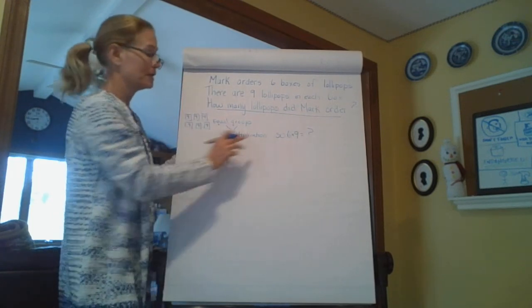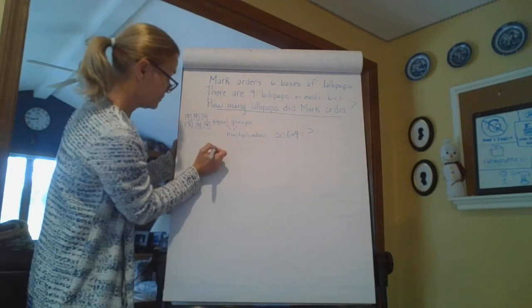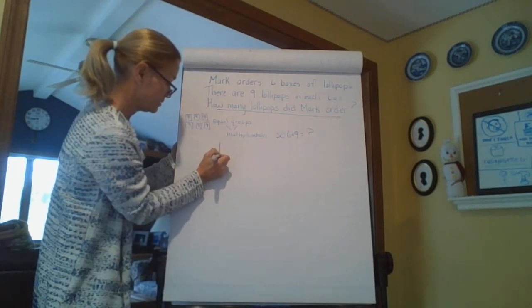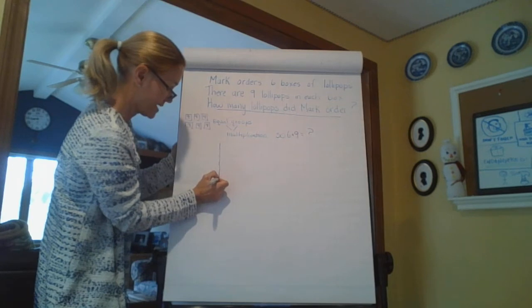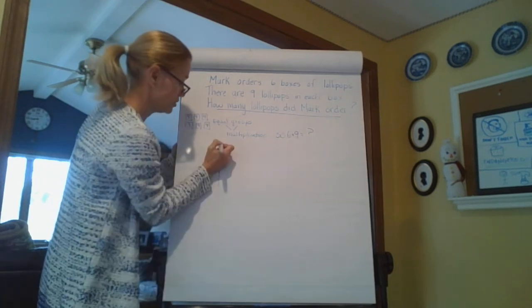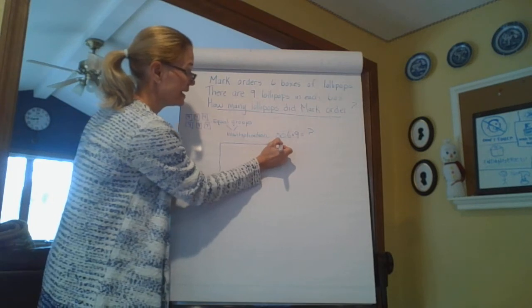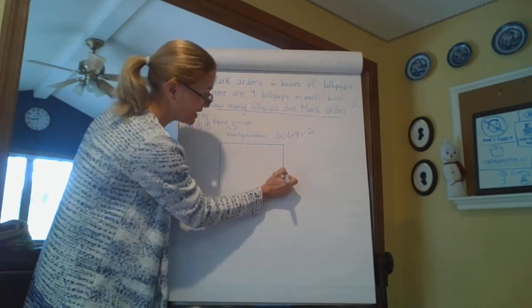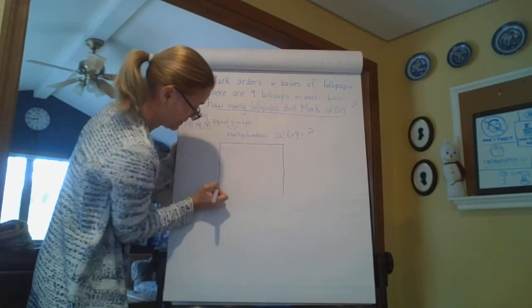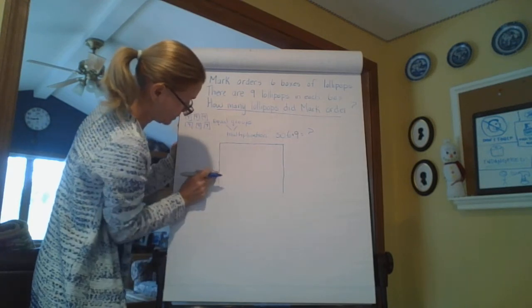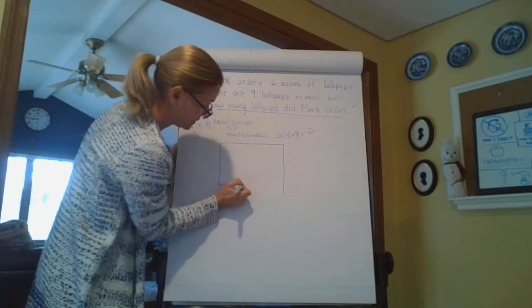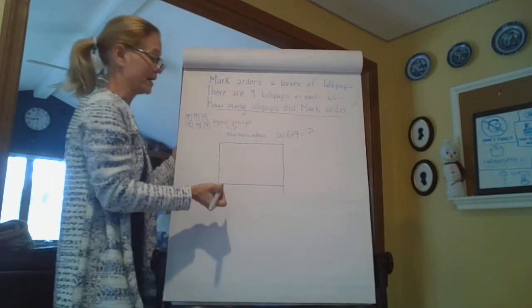Here we go. 6 times 9 would be my 6 rows. 1, 2, 3, 4, 5, 6 rows with 9 in each. 1, 2, 3, 4, 5, 6, 7, 8, 9. I make my array. So there's my array.